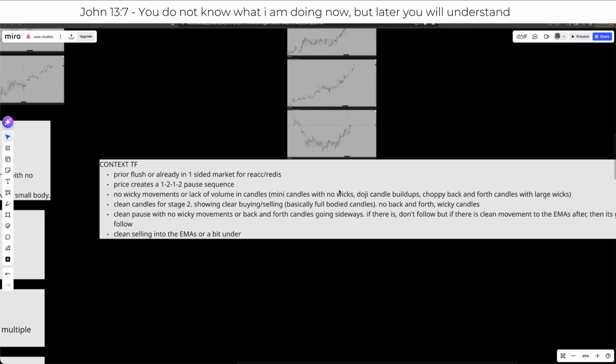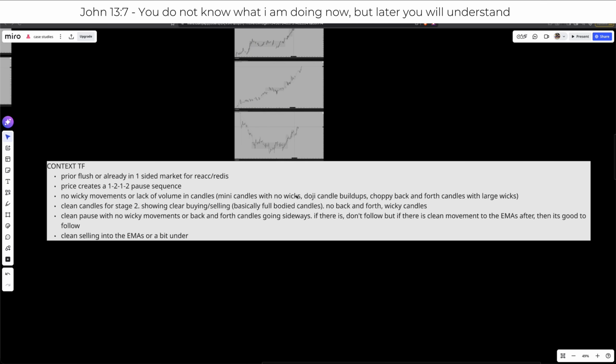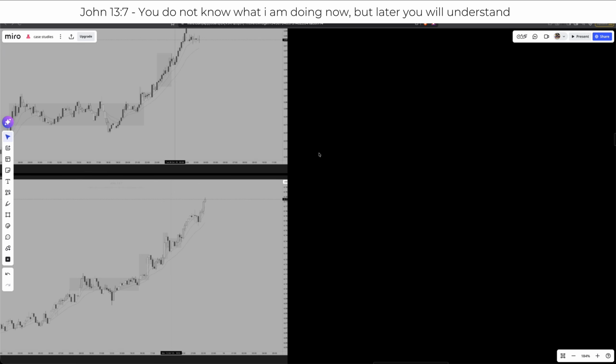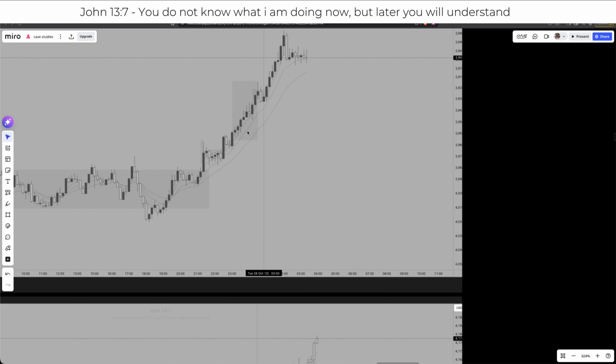Just filter it down and really be cherry picking the types of candles and the types of moves that I'm trying to go for. So this is many candles with no wicks, doji candle buildups. The doji candle buildups are kind of like this stuff.